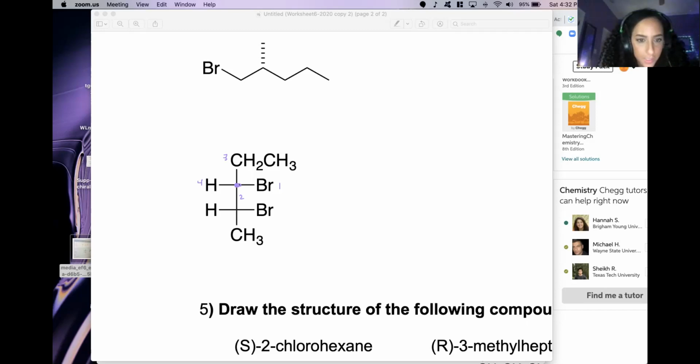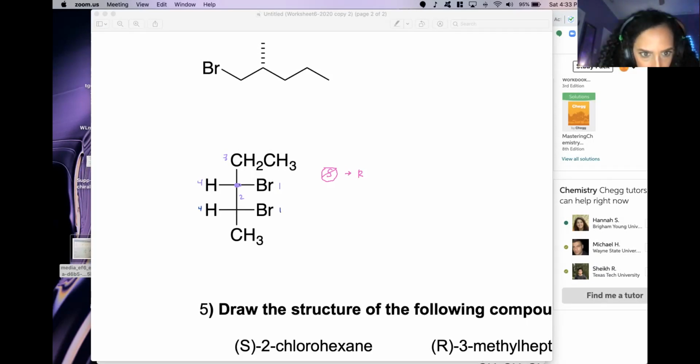So this is clockwise, but that's a lie. Second one. All right. This is our 1. That's our 4.